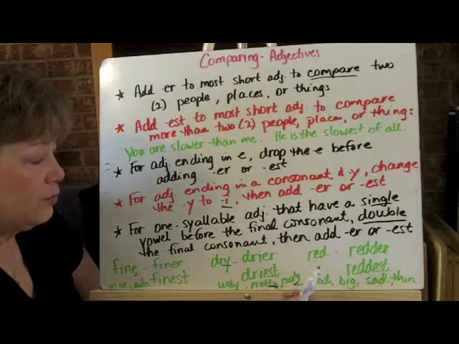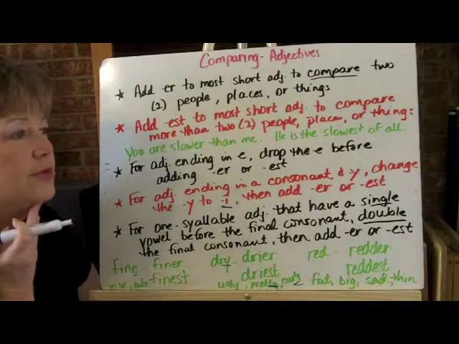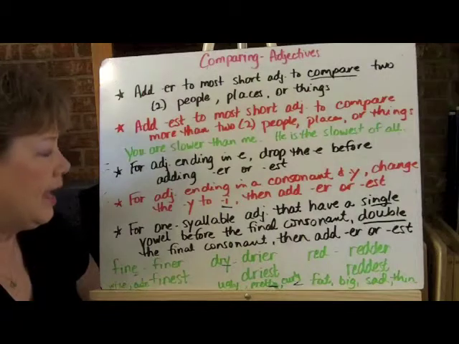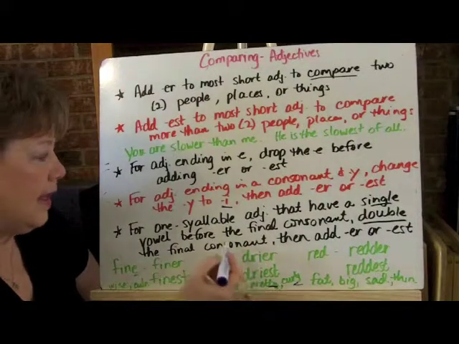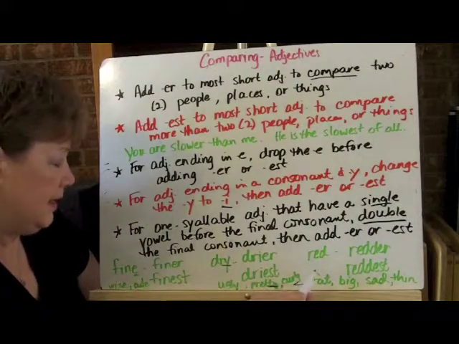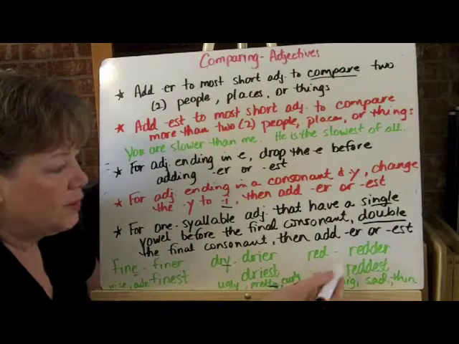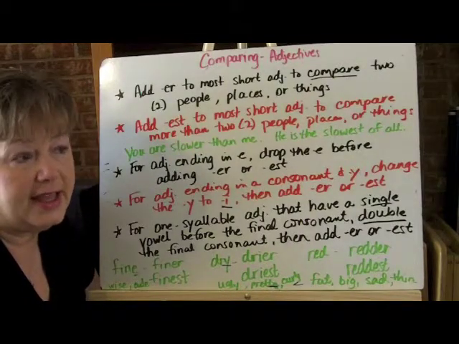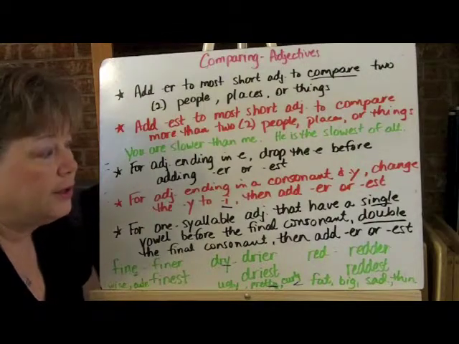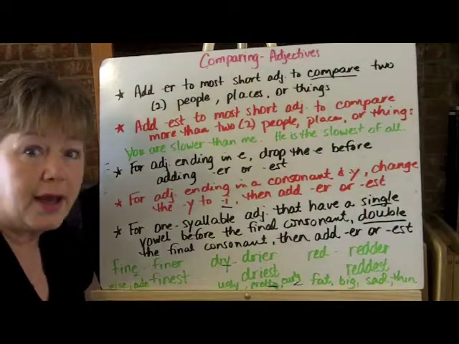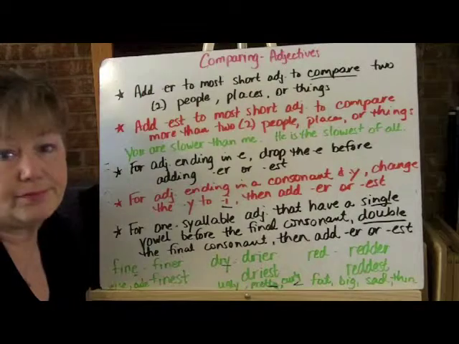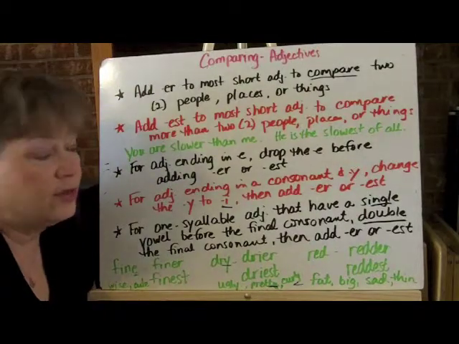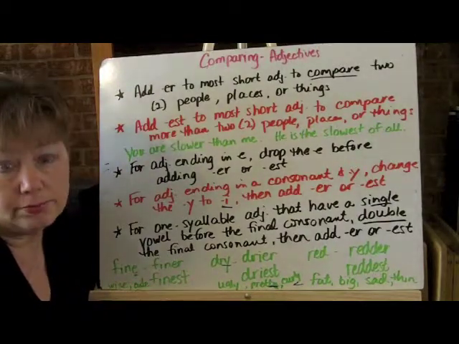It's one syllable, red. My chin only moves once, red. And the final consonant is doubled. So it's redder or reddest. At Valentine's Day, I had a red heart. Your heart was redder than mine, but Susie had the reddest of all.